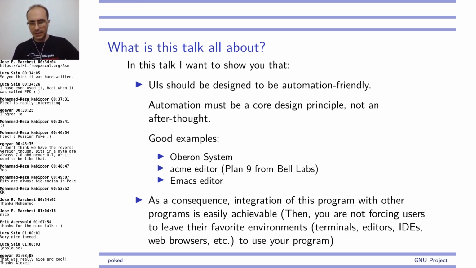When you design your system in a way that is automation friendly, it has some consequences, like others can interact with your program more easily, and you are not forcing people to leave their favorite environments: terminal, editor, IDE, web browser, you name it. And it's a good decision. If you look at the current situation with web browsers, you see what I mean.